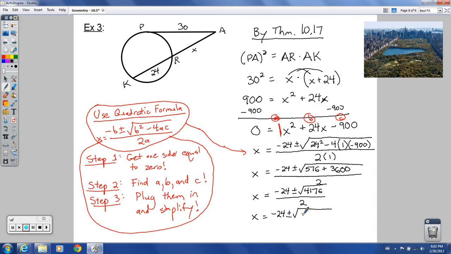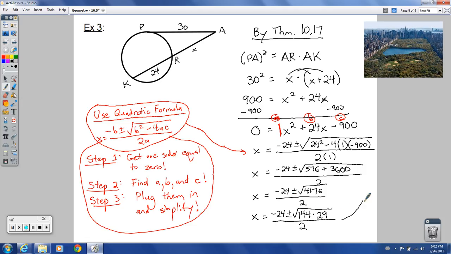But I did this before, and I figured out that 144 is the biggest perfect square that divides evenly into 4,176, and it goes in there 29 times. So 144 times 29 is the same thing as 4,176.